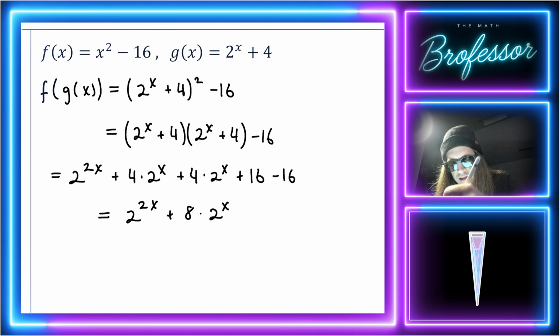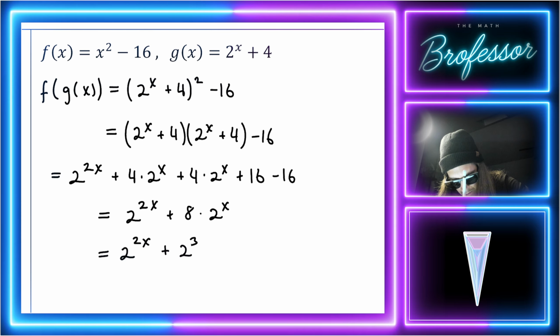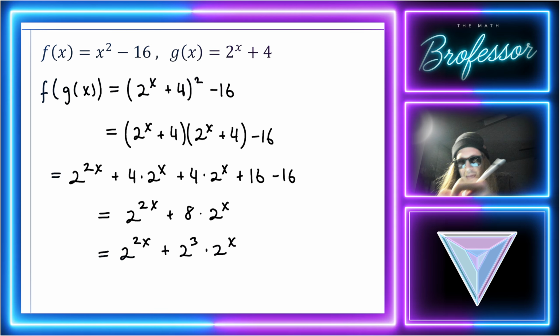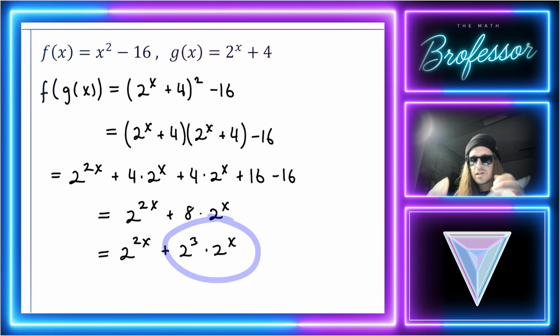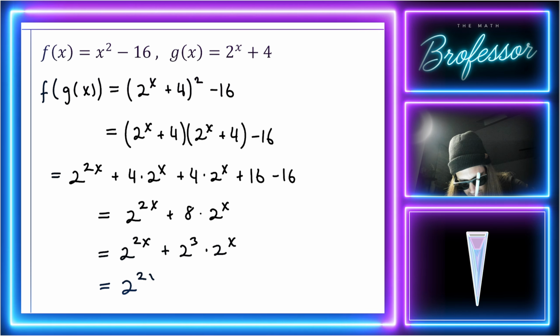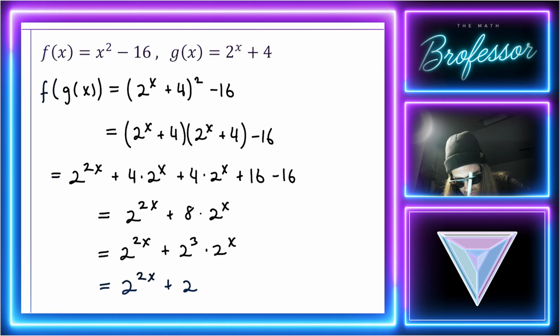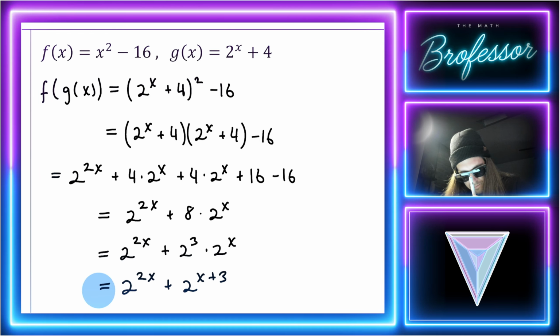That 8 right there is 2 to the 3rd power. So I'm going to replace that 8 with a 2 to the 3rd power. And now I can combine these. When you're multiplying exponential expressions with the same base, you add the exponents. So this becomes 2 to the 2x plus 2 to the x plus 3.